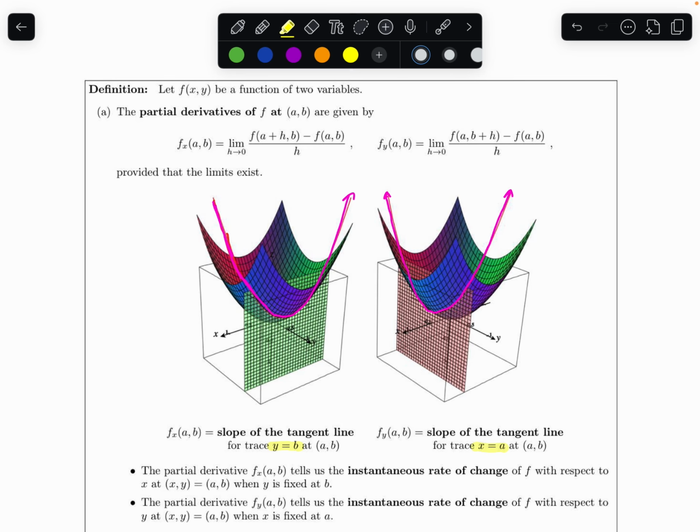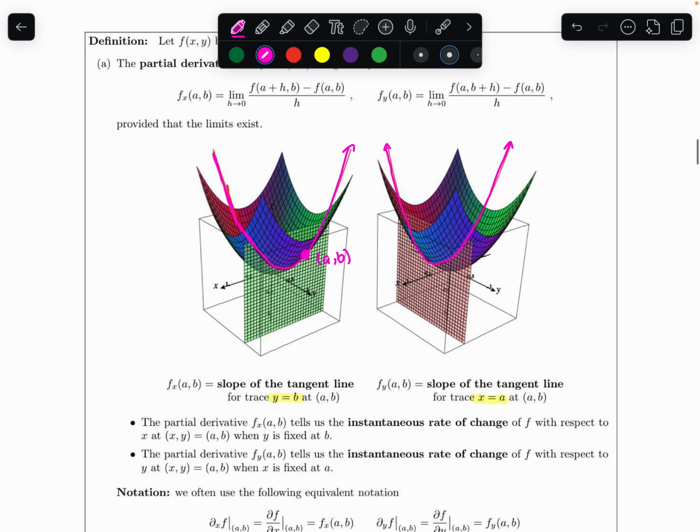And then if we were to essentially pick a point, let's say we'll use this one, call this point AB. What happens is that the partial derivative, let's actually highlight some of this stuff.